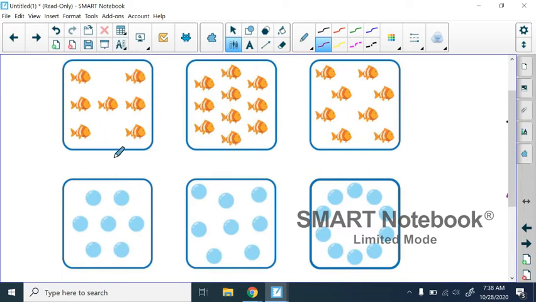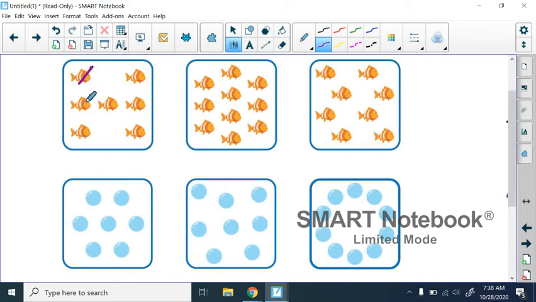I'm going to count them to see how many fish there are. And as I count, I'm going to cross out each fish so that I make sure that I touch each one of them just one time, and so that I also make sure that I don't accidentally skip any fish while I'm counting. Are you ready to watch me?